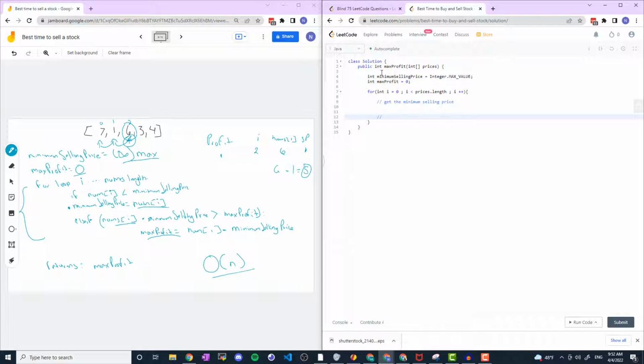And the second comparison is to get the max profit. Finally, we return the max profit.